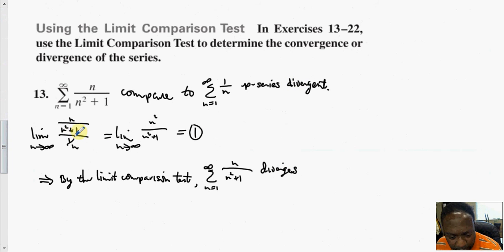We take the limit of the ratio, we get a finite and positive number. So whatever happens to the known series happens to the series in question.